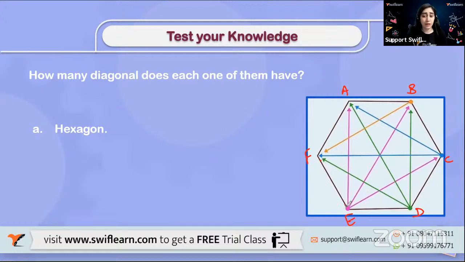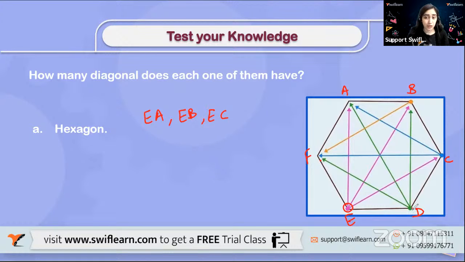So let's take E as the first vertex, and I'll draw the diagonals. Which are the diagonals from here? From point E, I can go towards F, I can go towards D, but A, B, and C are far apart, so I need a bridge. So I'll get EA, EB, and EC as diagonals from point E.